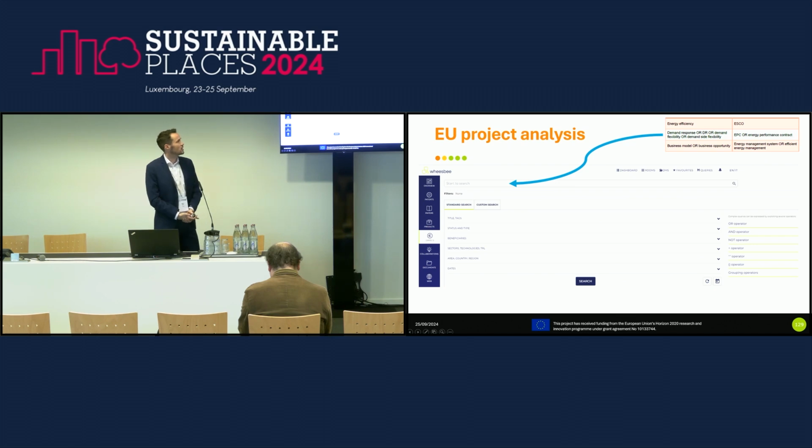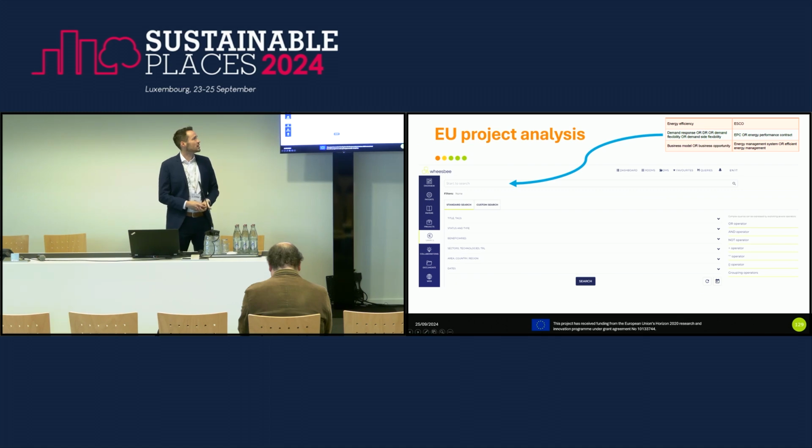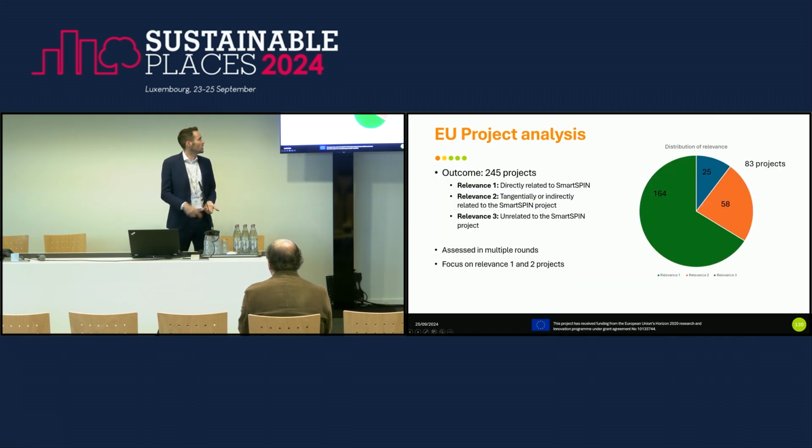What we have done is we have developed a set of keywords, which you can see in the upper right corner, and we use that in various combinations to come up with a long list of projects, which we then used to qualitatively analyze them. We have come up with 245 projects which could be of relevance for the SmartSPIN project, and we have performed a qualitative analysis and divided them into three levels of relevance.